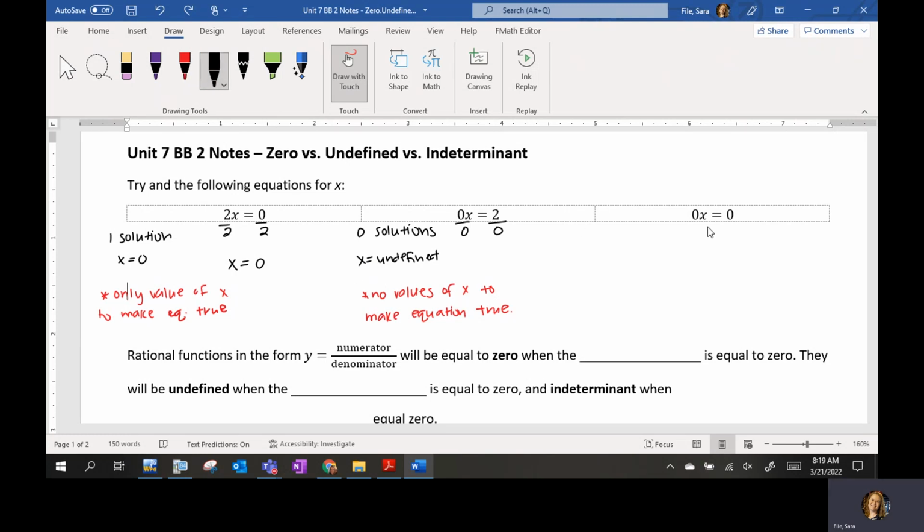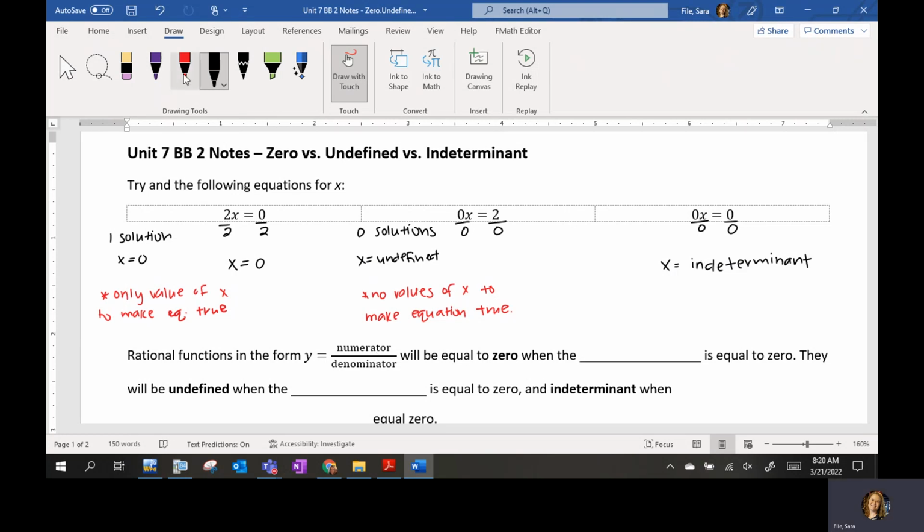Okay, what about here? If I try the same thing, if I try to divide by 0, what do you think? Has anybody seen that before? 0 over 0? This is what I said would probably look new to you. This is what's called indeterminate. So in this case, 0 over 0, x is not undefined. It's not 0. It is indeterminate.